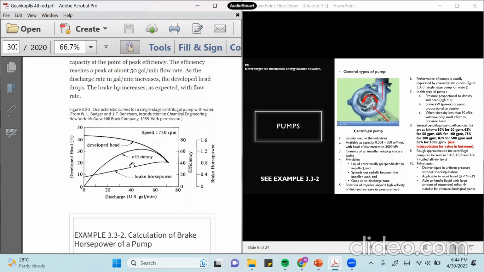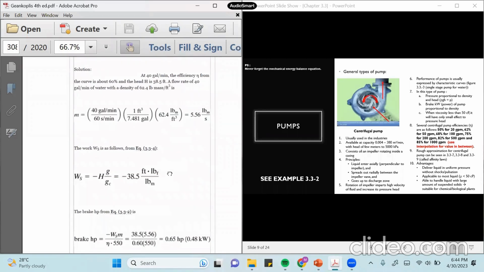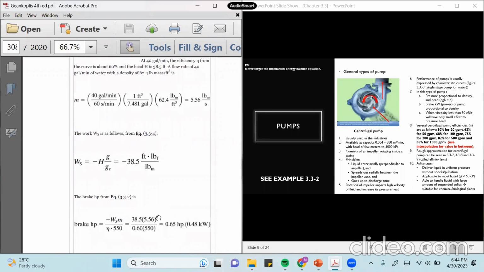Go up straight, and once it passes through the curve, we get a point here, and then draw a horizontal line up until this part. It's around 0.6, as I said previously, 0.6 horsepower. So Gianco successfully proved that the calculation using the general equation of pump agrees with the value shown in the curve.